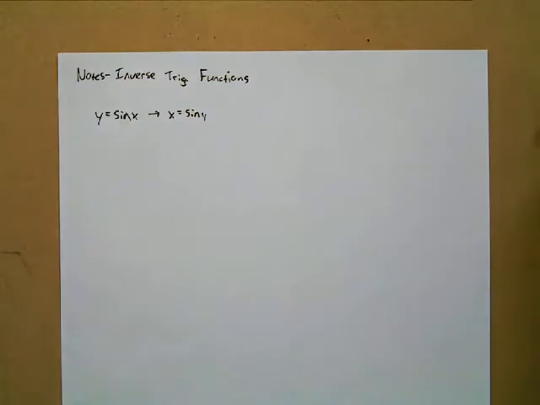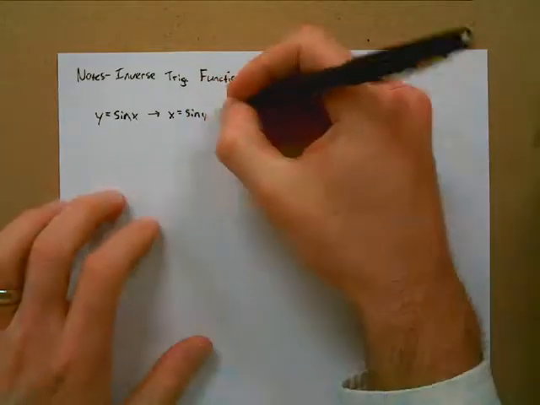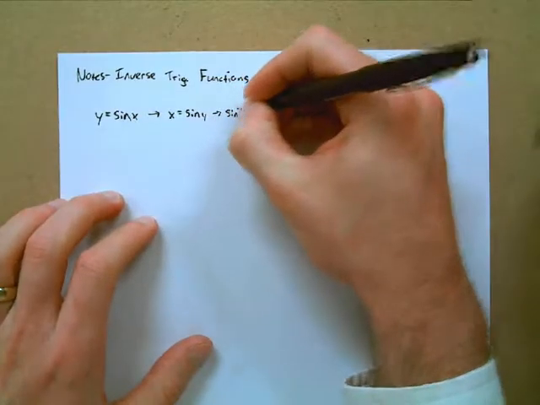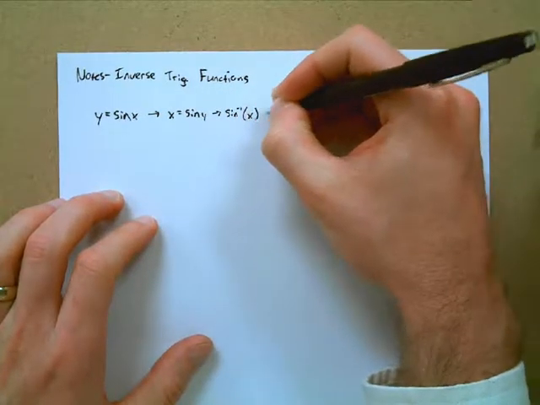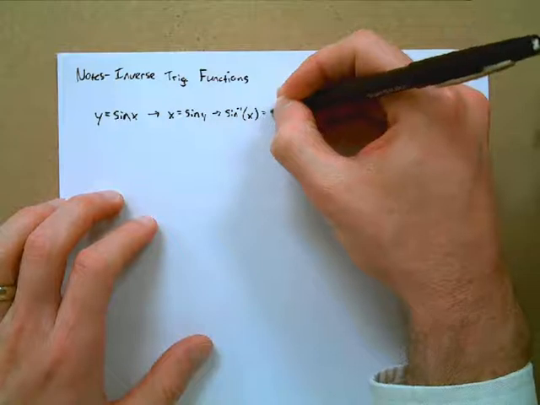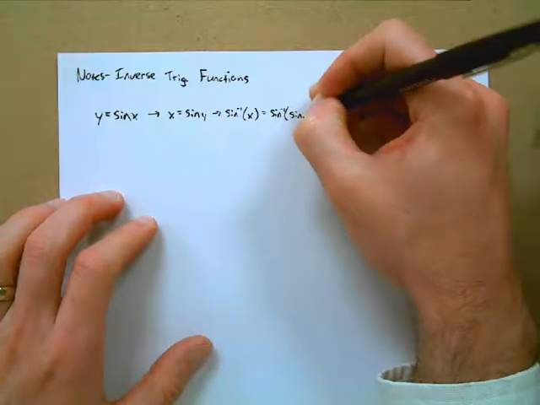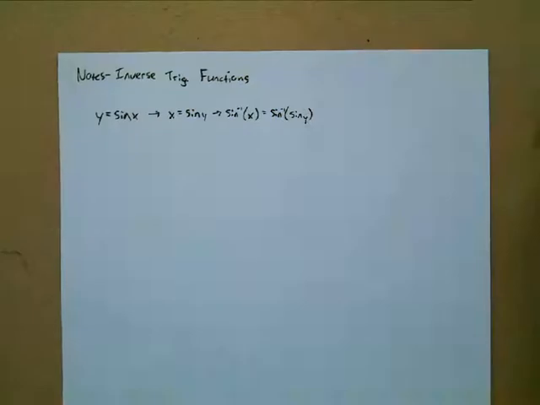So to cancel out that sine, what function cancels out sine? It's sine inverse. So what we do is we then do sine inverse of both sides of the equation, just like that.